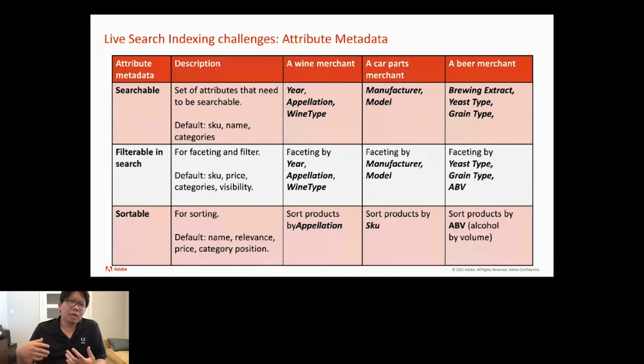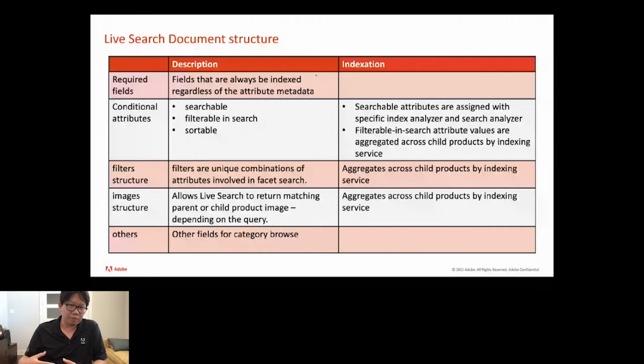The next slide here, LiveSearch document structure. This shows how a document is being stored, where a document may represent a product. So a document here has different sections, where it has required fields. These are the fields that are always indexed. There are conditional attributes, searchable. So during indexation, LiveSearch actually assigns a specific index analyzer and search analyzer for faceting. It also aggregates across child products during indexation.